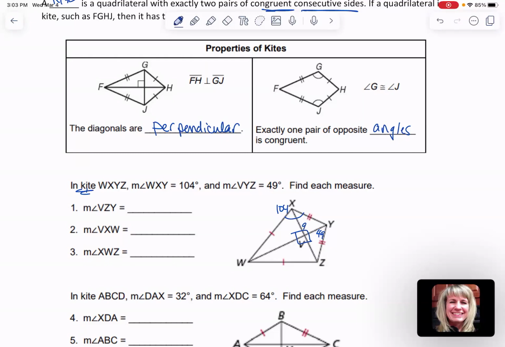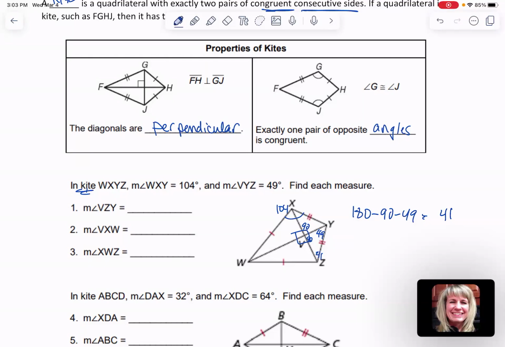So I know that this is 90, this is 90. I know that if I do 180 minus 90 minus 49, I'll get that this angle right here is 41 degrees.